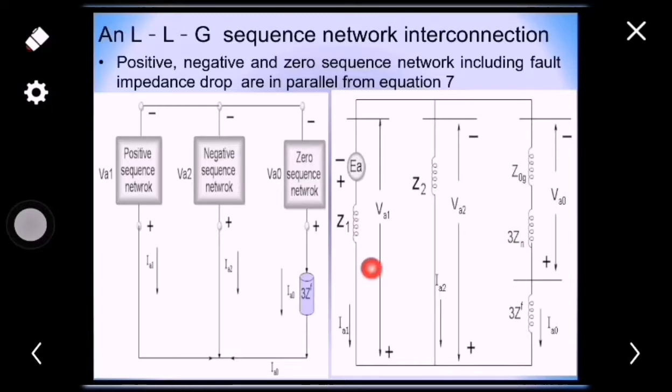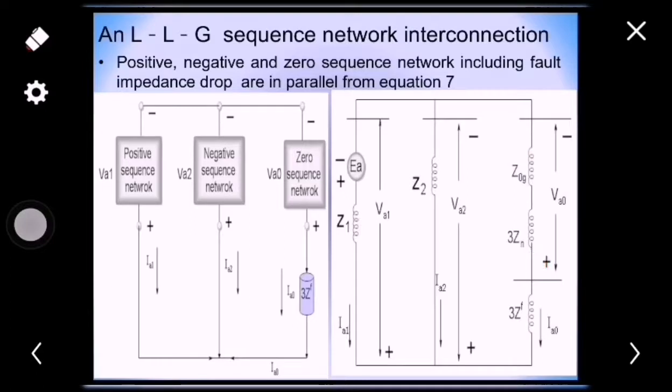That's why IA1 will be equal to EA upon Z1 plus Z2 in parallel with 3ZF plus Z0. Z0 again consists of Z0G and 3Zn.